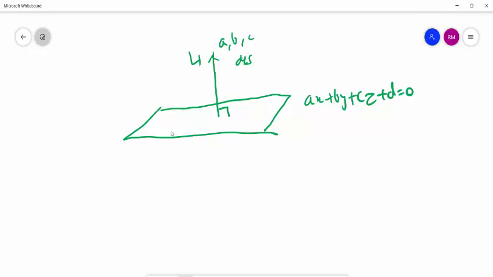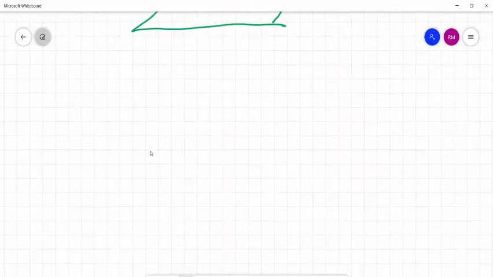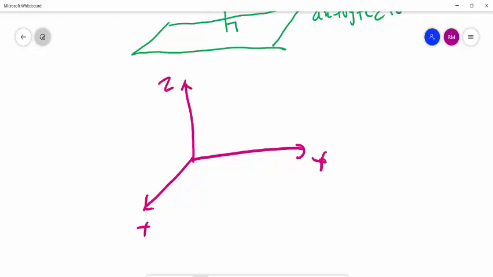Now next I would like to explain: these are three axes X, Y and Z, and suppose this is a plane, an oblique plane we can say.